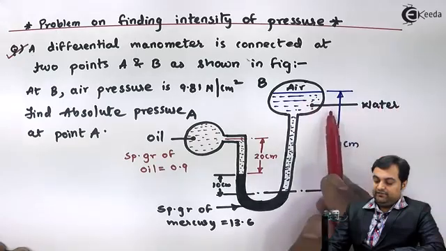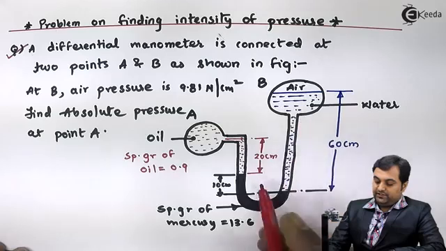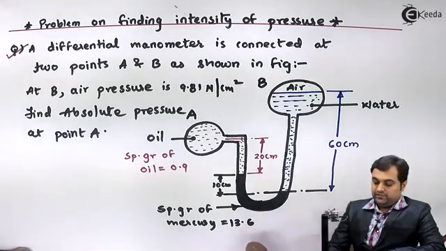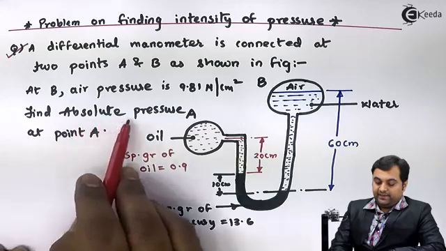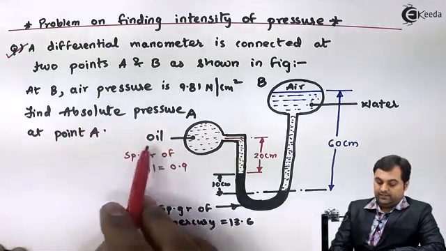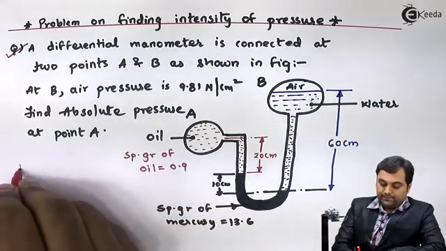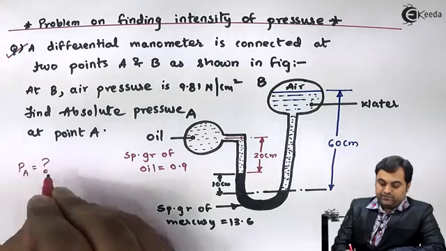On the right hand side, we have water as well as air. Next, here we have mercury whose specific gravity is given as 13.6. Now, this is the data which we have. Here the question is to find the absolute pressure at point A. It means we have to find the pressure of oil. So here, pressure at point A, this is the question for us.